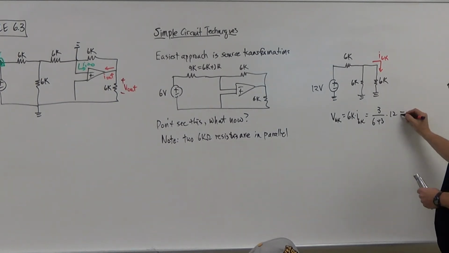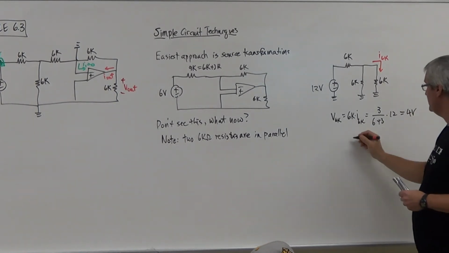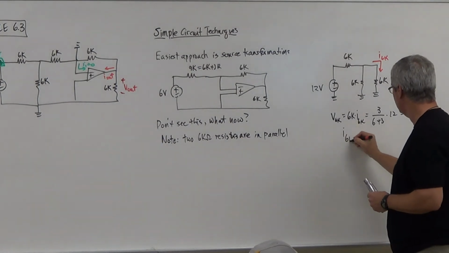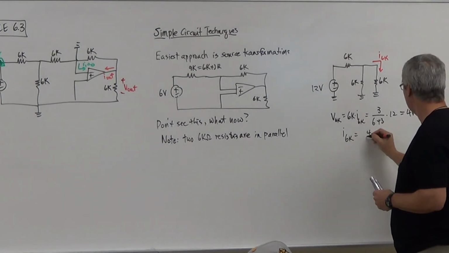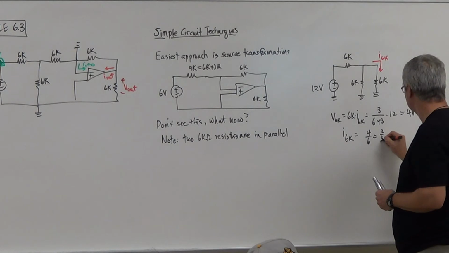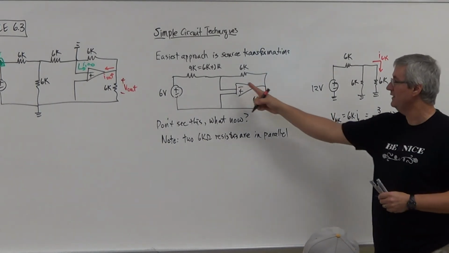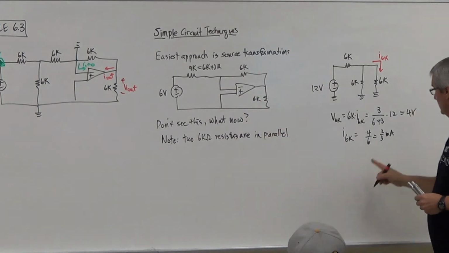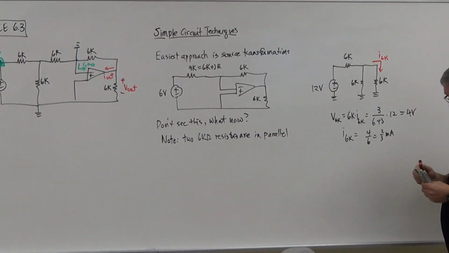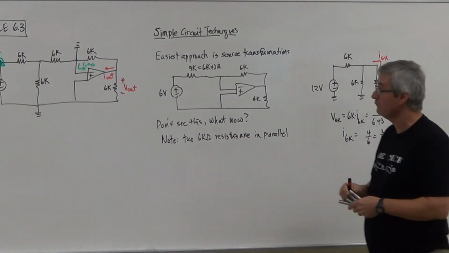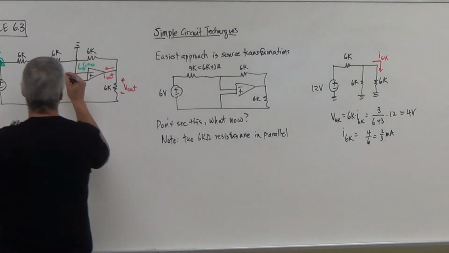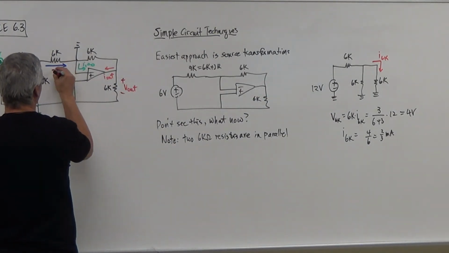Right? So if this is 4 volts, then that means that the 6K current must be 4 divided by 6, which is 2/3 of a milliamp. By the way, which we knew immediately when we did this guy right here. So there's the current. So what is that current doing? That's the current here.